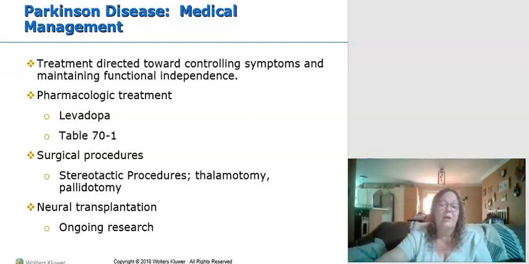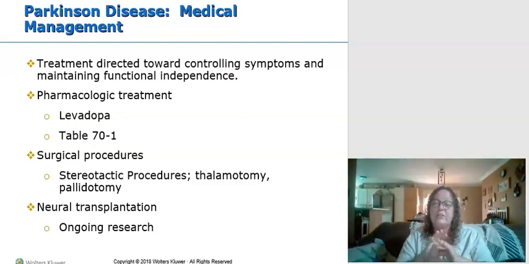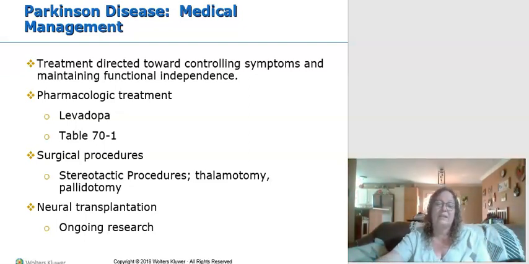And then they can do a pallidotomy. Hate these words. This is a surgical operation performed on the globus pallidus to destroy it, and the purpose of this operation is to relieve involuntary movements or muscle rigidity in select Parkinson's patients.